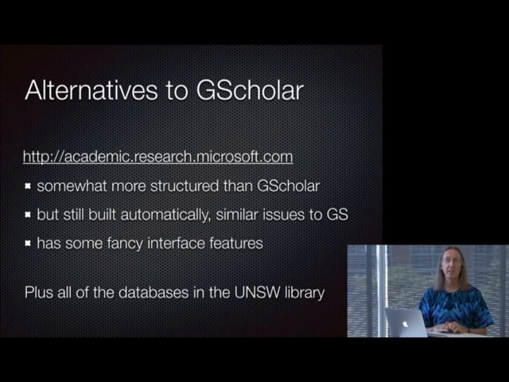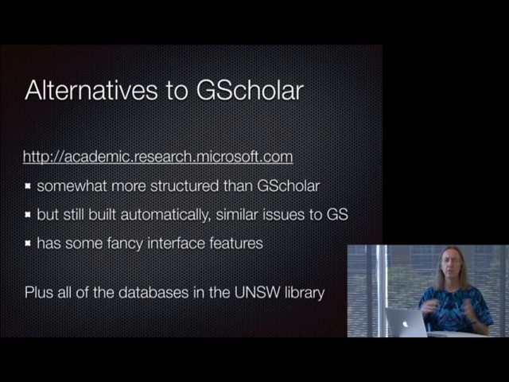So that was a lot about Google Scholar and Google, which are clearly a useful resource. There are alternatives. As I mentioned before, the discipline-specific databases in the library are very useful, but there are other online free access sites, such as Microsoft has an academic research site which has a little bit of structure imposed on it.